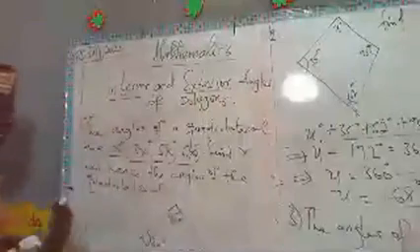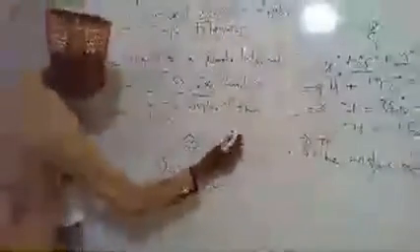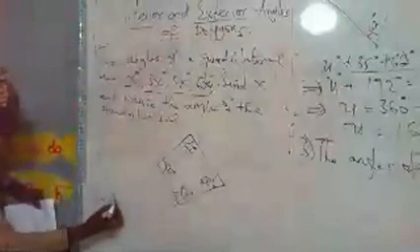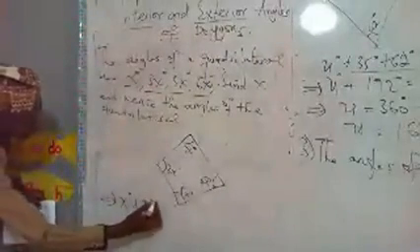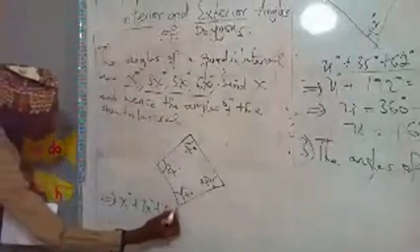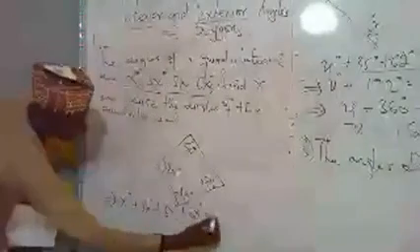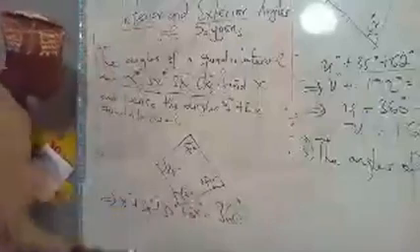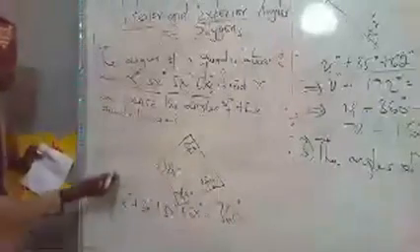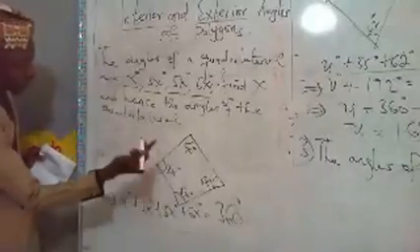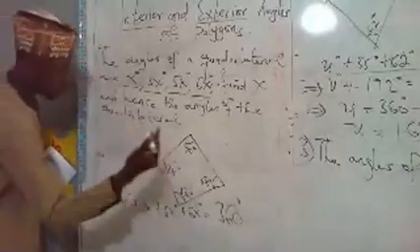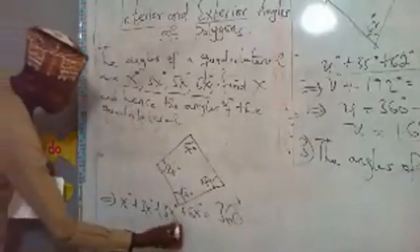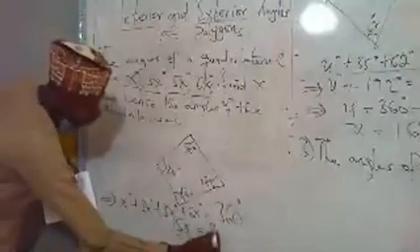Add everything together equal to 360. x plus 3x plus 5x plus 6x is equal to 360 degrees. Just as if 1 pencil, 3 pencils, 5 pencils, 6 pencils, how many pencils do you have? 1 plus 3 is 4, plus 5 is 9, plus 6 is 15. 15x is equal to 360 degrees.